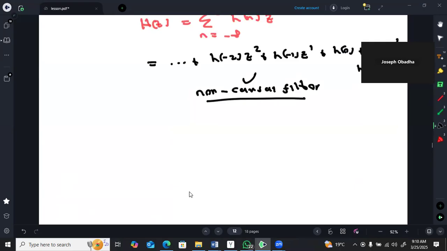So let's go back and see how we can determine the coefficients of this filter.